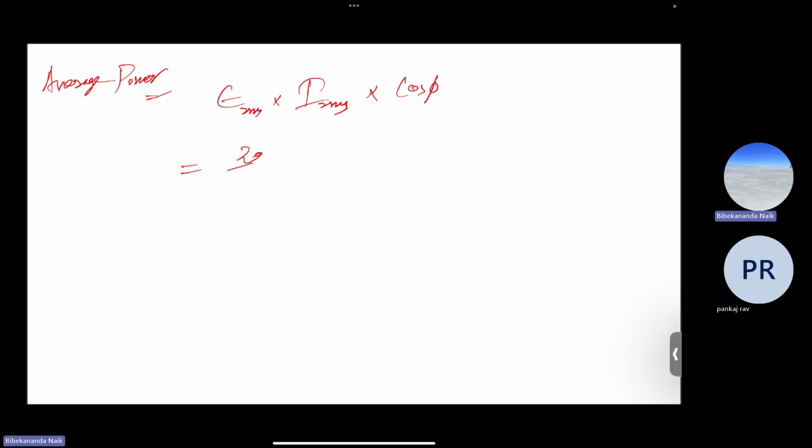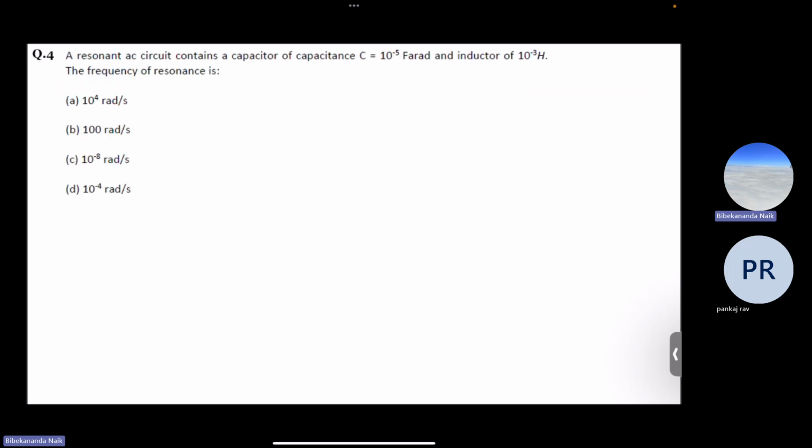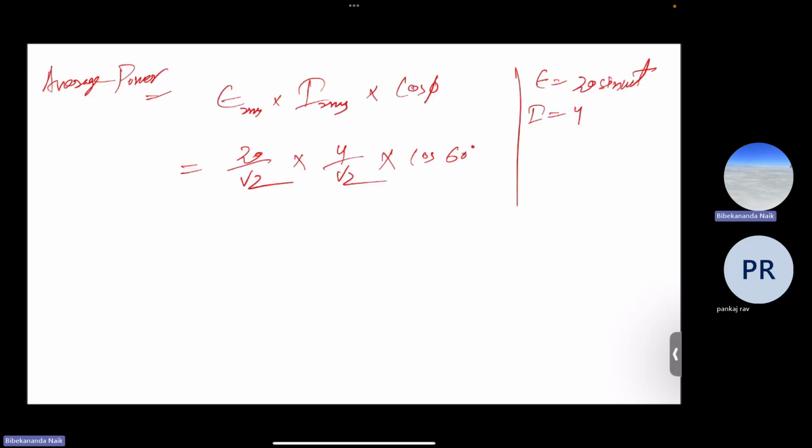So E RMS is 20 by root 2 into I RMS is 4 by root 2 into cos 60 degree, because E is given as 20 sin omega t, I is given as 4 sin omega t minus pi by 3.